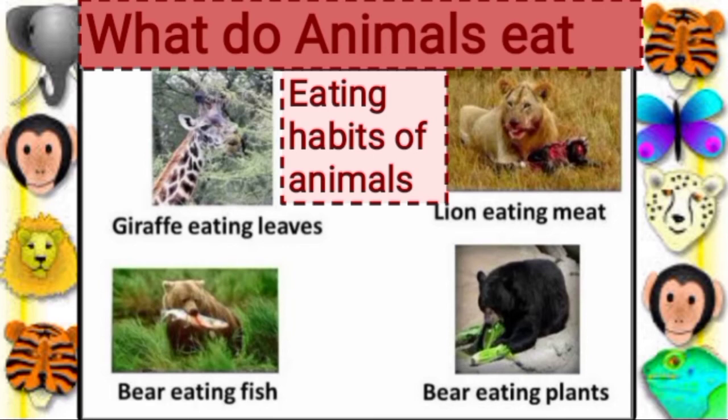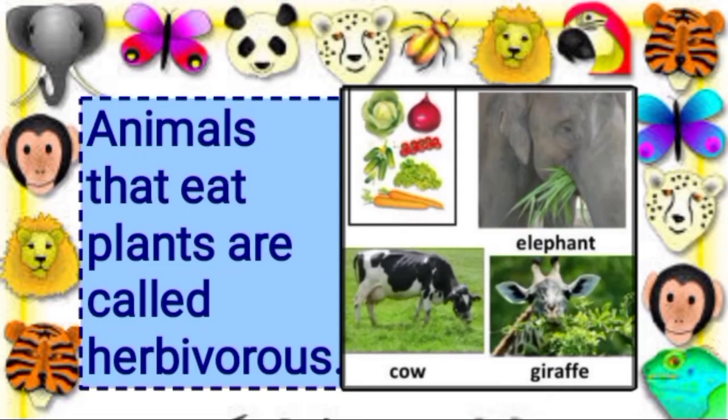Based on the type of food they eat, they can be divided into 5 main groups. The first group is herbivorous, meaning animals that eat only plants, and these animals include giraffe, elephant.